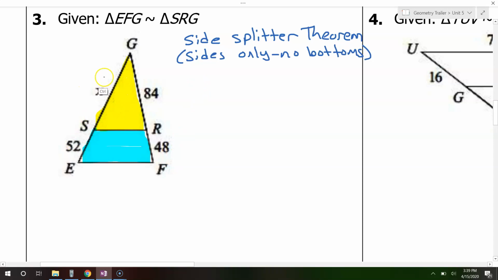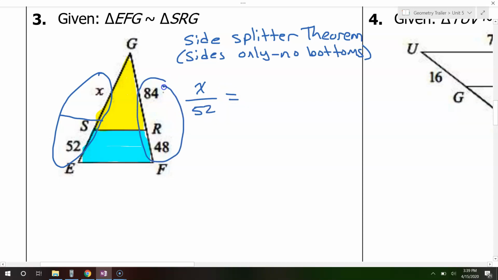So on this side, yellow over blue is x over 52. On this side, I can just make a fraction out of these, and that'll be 84 over 48.